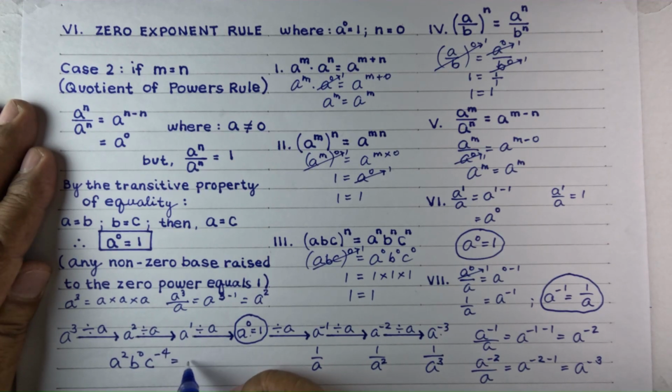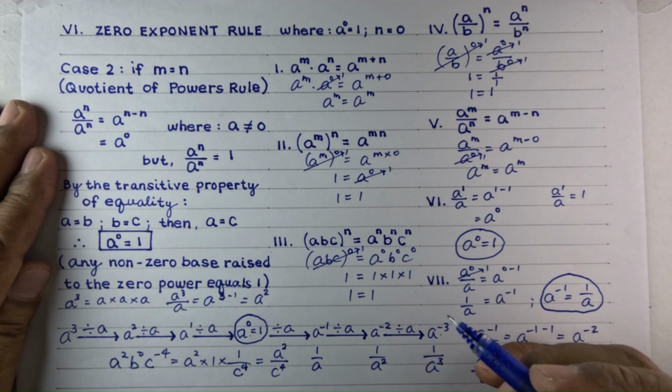That's equal to a squared times b to the 0 is 1 times 1 over c to the 4th power. This being equal to the reciprocal of the base c raised to its corresponding positive exponent. And that's equal to a squared times 1 times 1 is a squared over c to the 4th power.